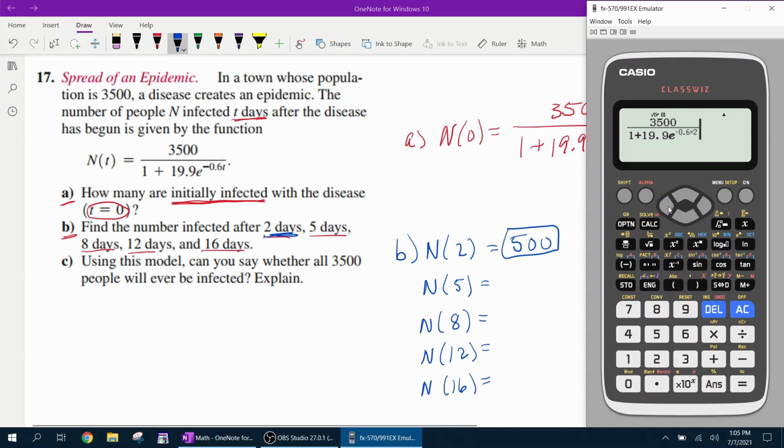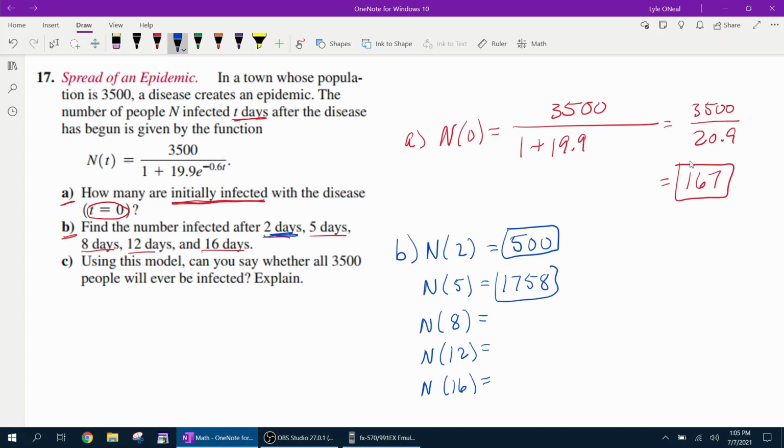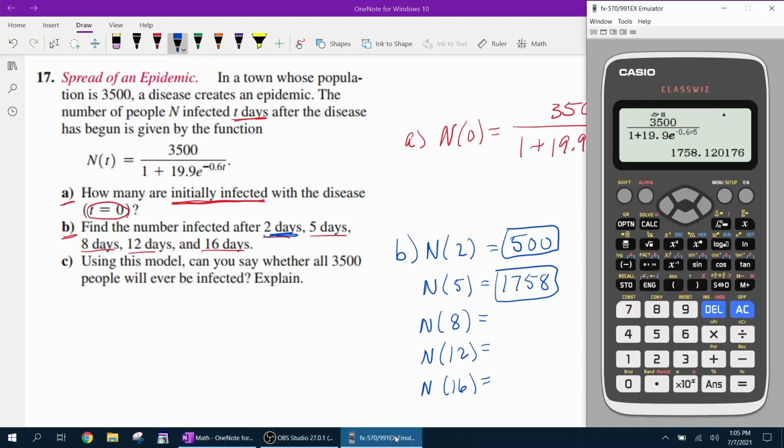Now, for the rest of these calculations, again, I said this is super easy with our Casio. We just need to backspace until your cursor is next to the 2. You're going to delete the 2 and insert the next value, which is 5, and then round to the nearest whole number, 1,758. And then you just rinse and repeat.